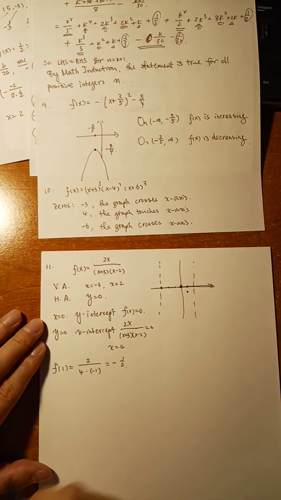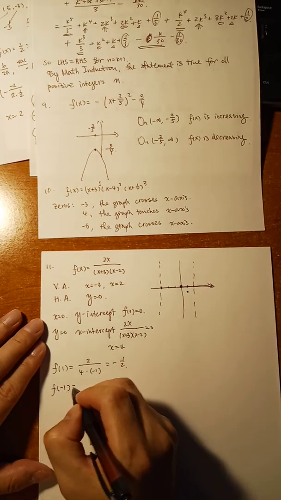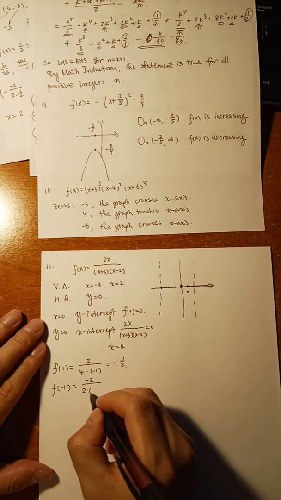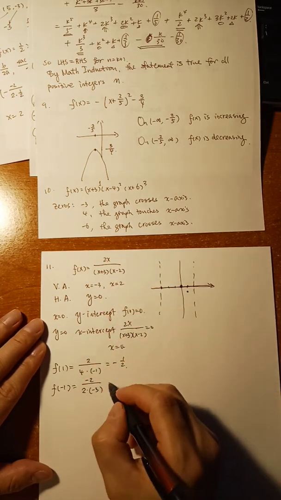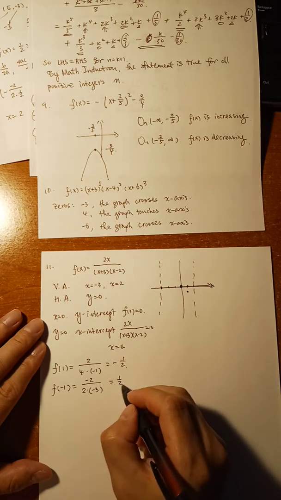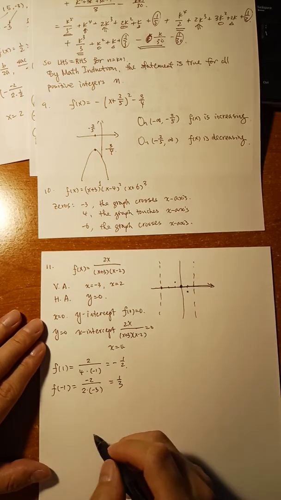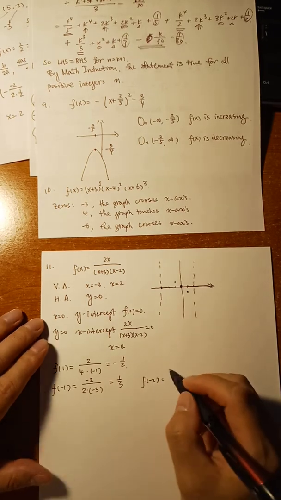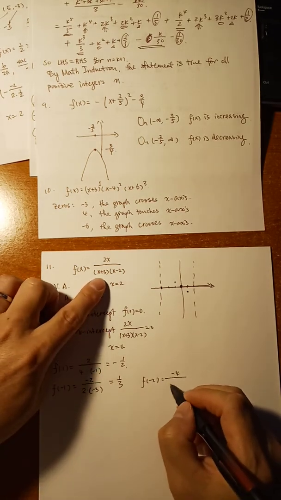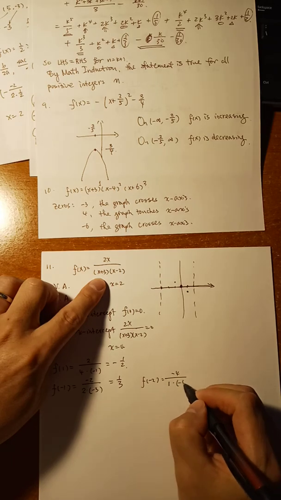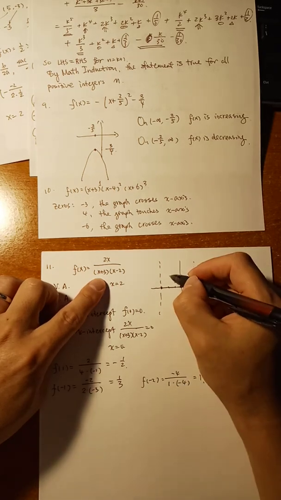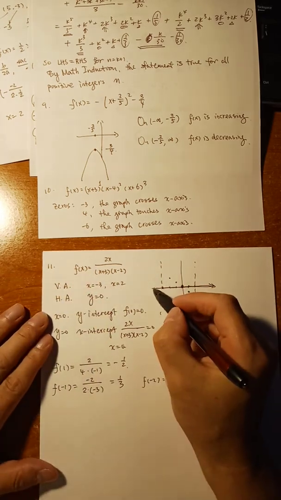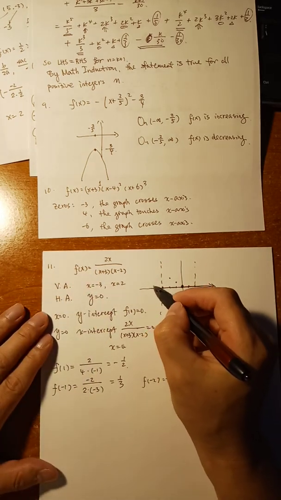It's possibly here. f(negative 1) is negative 2 over 2 times negative 3, since negative 1 minus 2 is negative 3, so it's a positive 1/3. It's here. If you want, you can also check f(negative 2). f(negative 2) is negative 4 over 1 times negative 4, which is 1. It's higher.